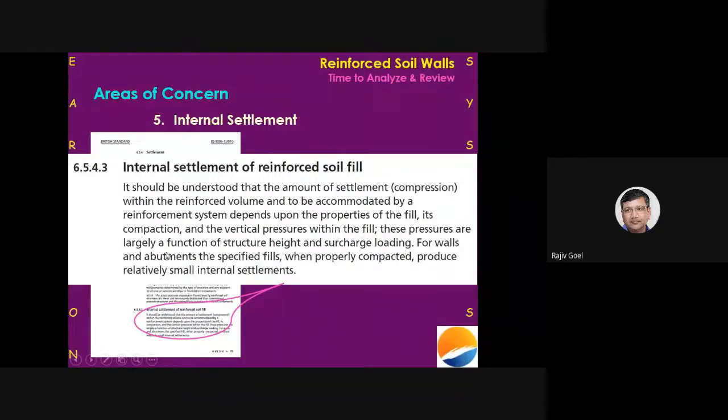These pressures are largely a function of structure height and surcharge loading. For walls and abutments, the specified fills, when properly compacted, produce relatively small internal settlements. So it does talk about the type of backfill, the height of the structure, and the quality control.